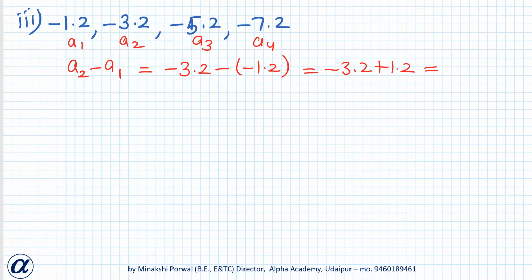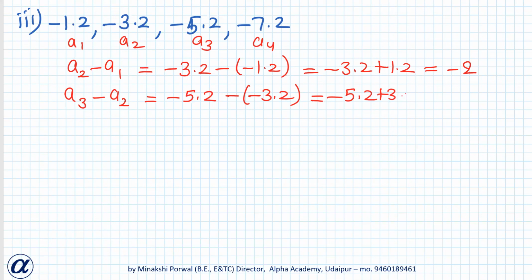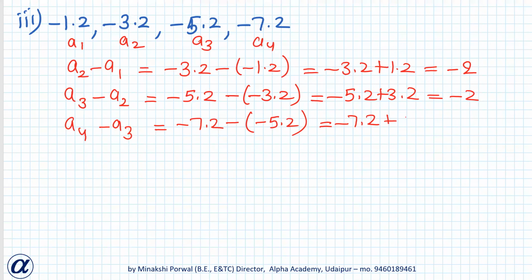So 3.2 minus 1.2 will be equal to minus 2. A3 minus A2, that is minus 5.2 minus of minus 3.2, that is equal to minus 5.2 plus 3.2. So it is minus 2 again. Then A4 minus A3, that is minus 7.2 minus of minus 5.2, that is equal to minus 7.2 plus 5.2, that is also minus 2.